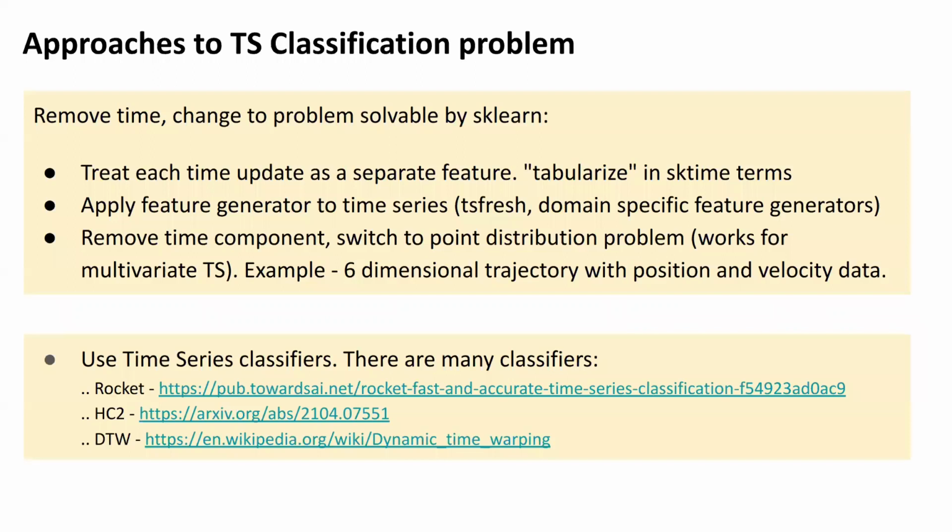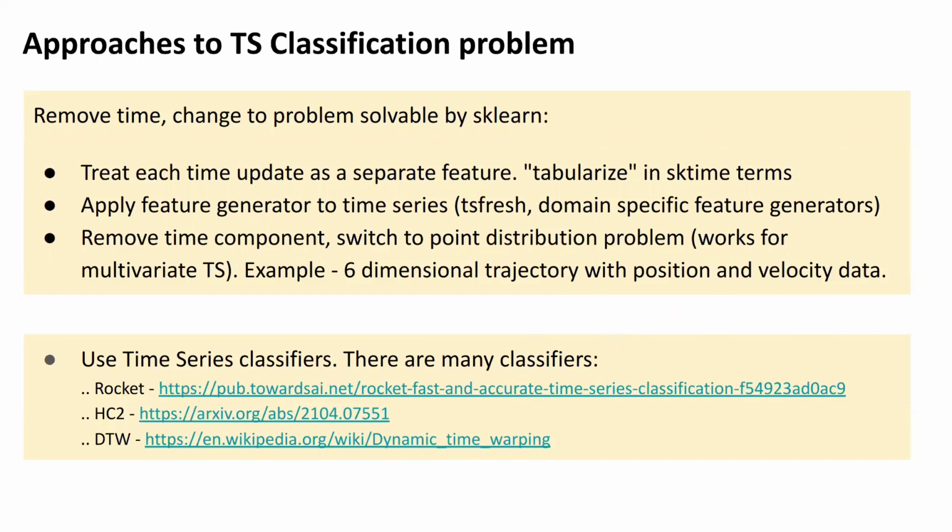And again, that's removing time series, but you can also use specific time series classifiers. I listed three very powerful classifiers that people have been developing for time series. Rocket has been developed recently. I think it's a combination.